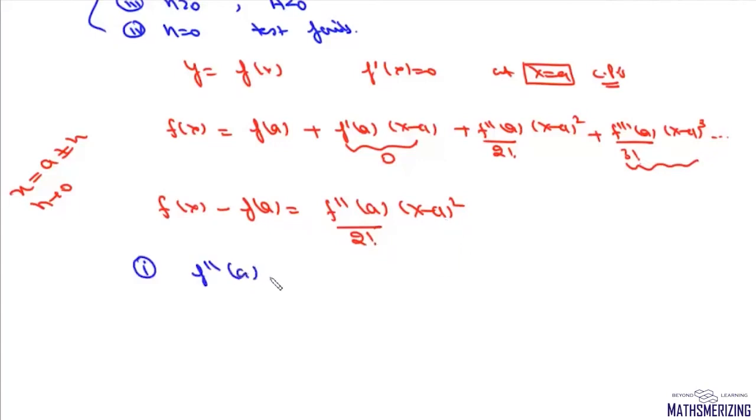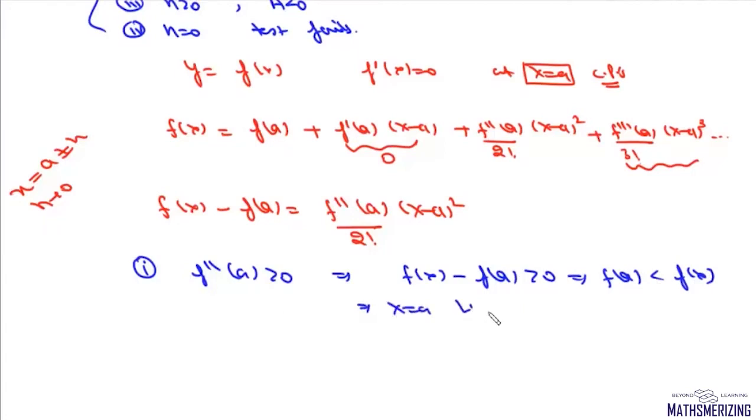Now if f double dash a is greater than 0, in that case we can write f(x) minus f(a) is greater than 0, which simply means that f(a) is less than f(x) for all the points x in the neighborhood of this point a. So it simply means that this x equal to a is a point of local minima. So if the second derivative is positive, this point is a point of local minima.